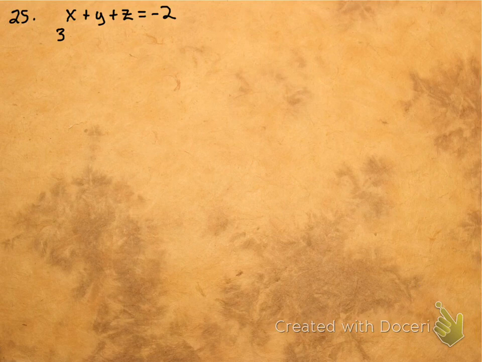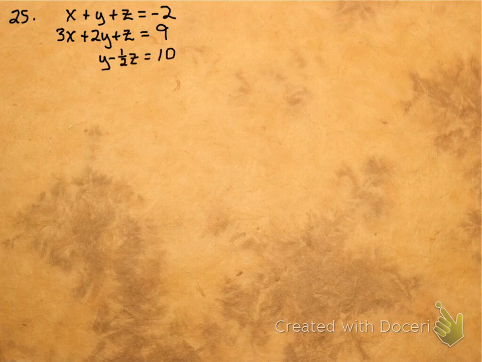Then it says, the sum of 3 times the first number plus twice the second number and the third number is 9. Then it says the difference between the second number, which is y, difference being minus, and half the third number, so 1/2 z, is 10.